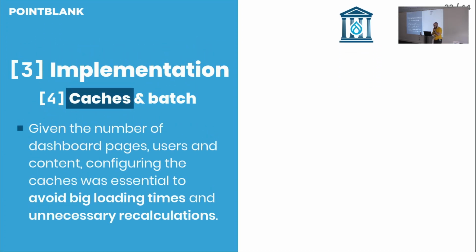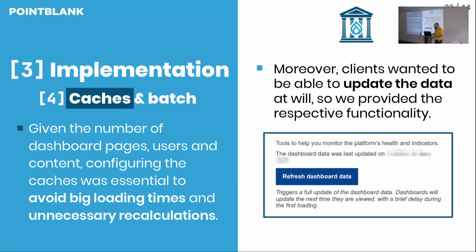So, as I mentioned before, both websites were pretty large with a huge number of pages, users, content in general. So we unavoidably had to take care of the caches and configure them in order to avoid big loading times and unnecessary calculations. Moreover, the clients wanted to be able to update the dashboard data without having to clear all the caches, for obvious reasons.